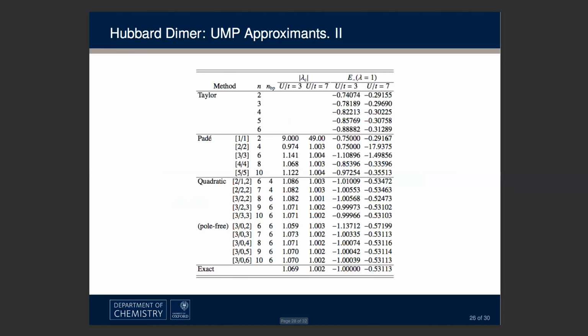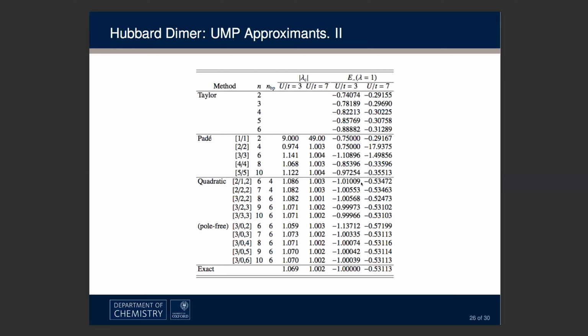So again, a horrible table of numbers, but we don't need too much of it. Here are the UMP terms for different correlation energies. We saw this really slowly convergent Taylor series. We get down to about -0.3, and we wanted about -0.53. The Padé terms here don't really help us because it's a more complicated surface, and the Padé approximant only has poles.